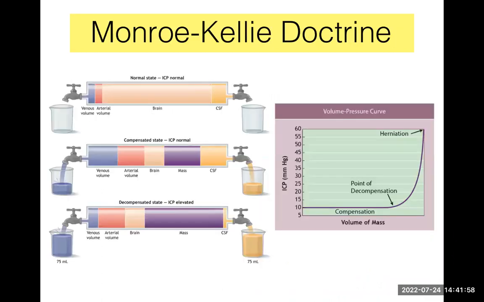Now let us see the Monro-Kellie doctrine principle. The Monro-Kellie doctrine is a simple yet vital concept that explains ICP dynamics. The doctrine states that the total volume of the intracranial content must remain constant because the cranium is a rigid container incapable of expanding.